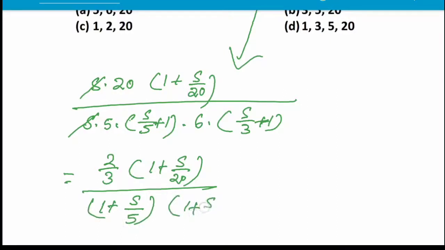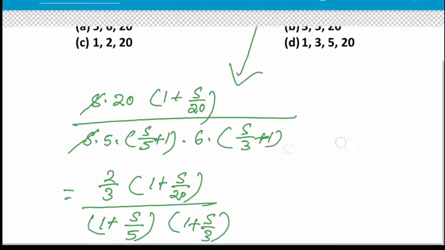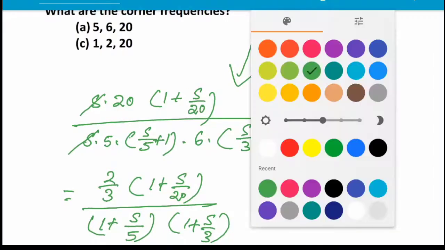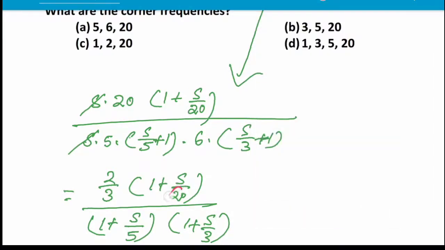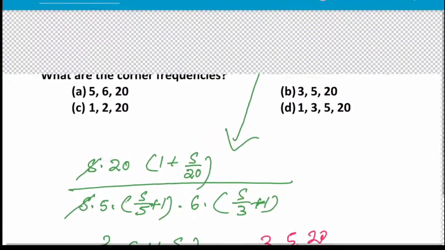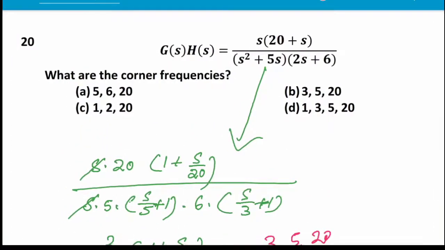Here the corner frequencies are the denominators of the s terms. So one corner frequency is 20, another is 3, another is 5. First thing, 3 corner frequencies will be there, so the corner frequencies will be 3, 5 and 20.